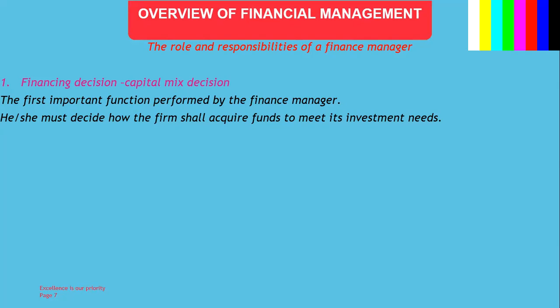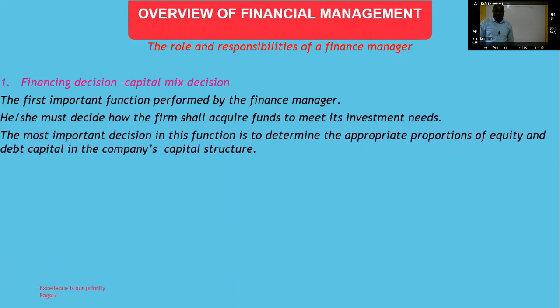What proportion of debt capital should we have? What proportion of equity capital? What proportion of preference share capital should we have in the capital structure of the firm? The most important decision in the financing decision is to determine the appropriate proportions of equity and debt capital in the company's capital structure.